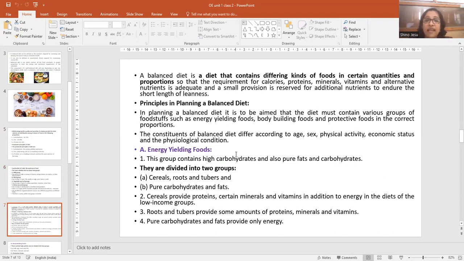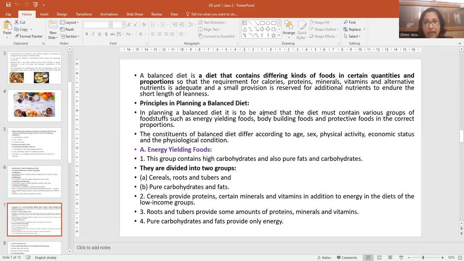A balanced diet is a diet which contains different kinds of foods in certain quantities and proportions so that the requirement of calories, proteins, minerals, vitamins, and other nutrients is met, and a small provision is reserved for additional nutrients to ensure short periods of leanness.